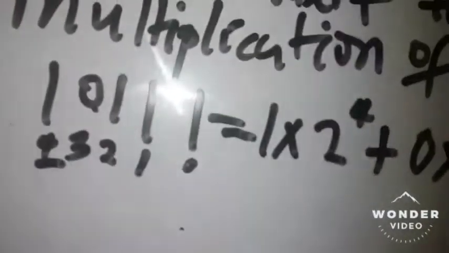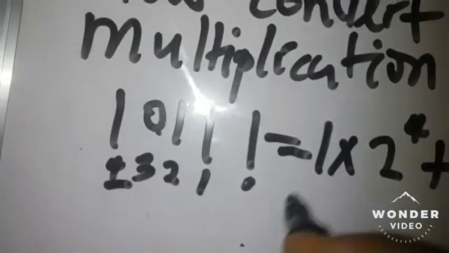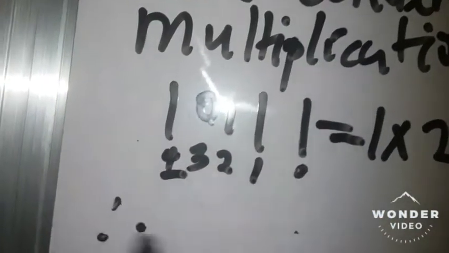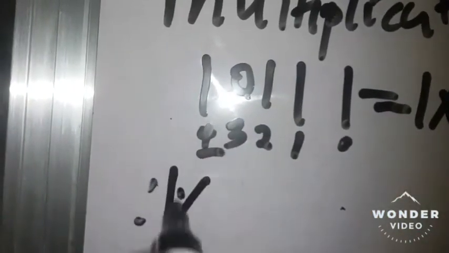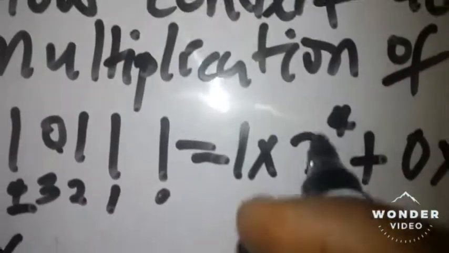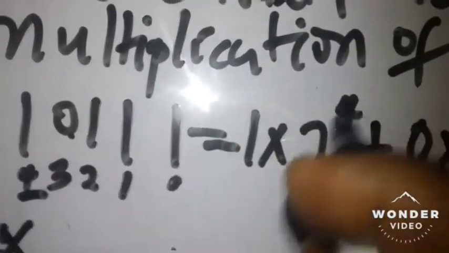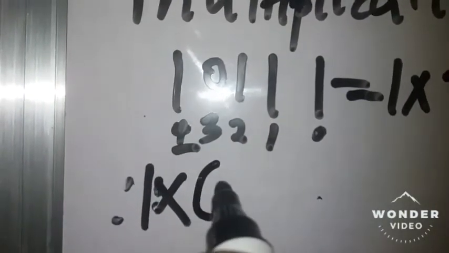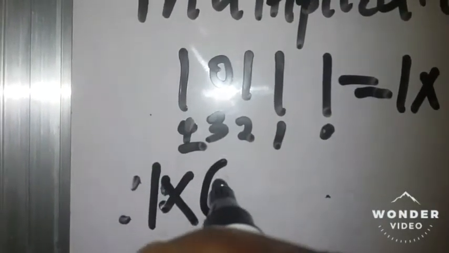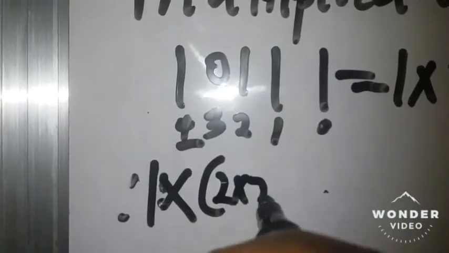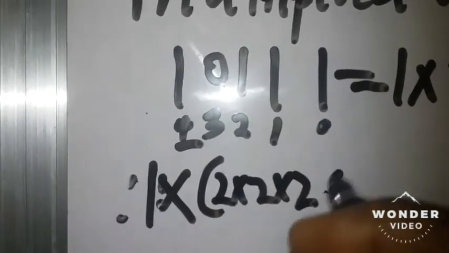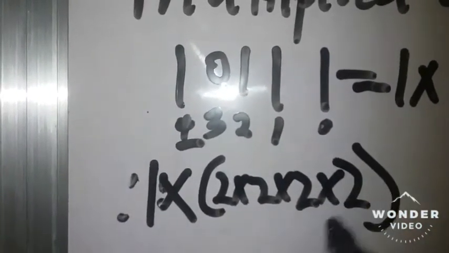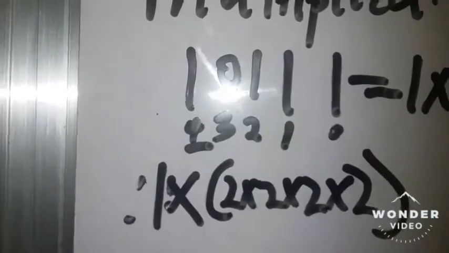After we have done that, we start multiplying. That is 1 times 2 raised to power 4. That is, you have 2 in 4 places. That's 2 times 2 times 2 times 2. That's 1, 2, 3, 4.